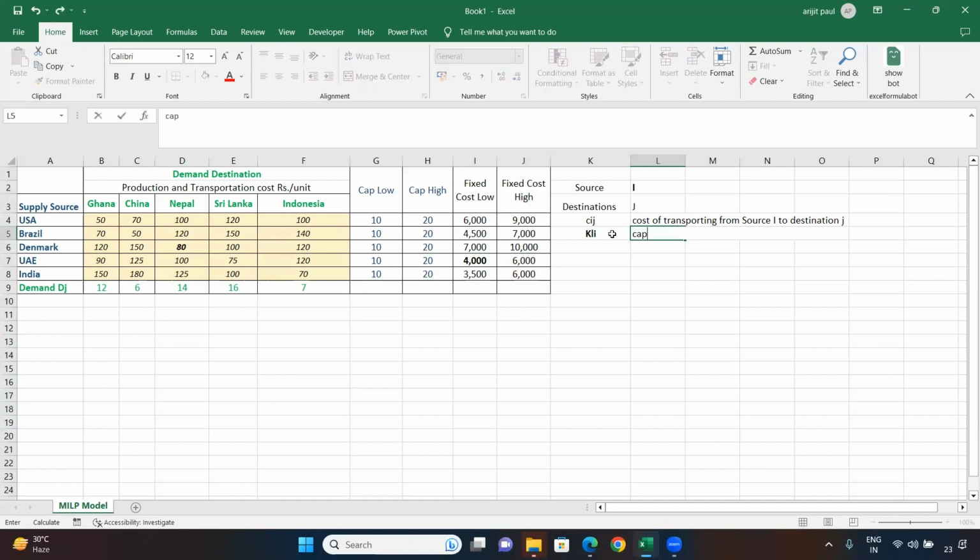Now, to build a mathematical model, let me write down some abbreviations. Here we are going to use KLI. What is KLI?